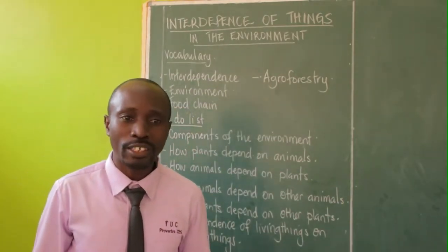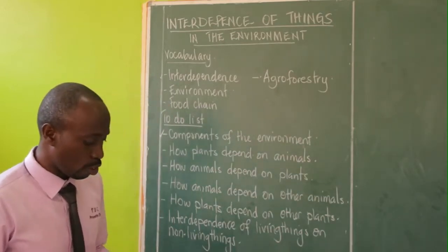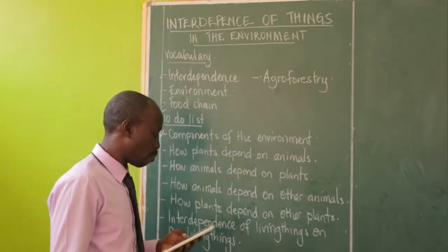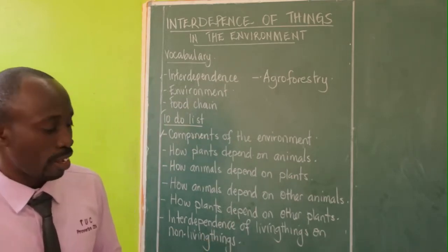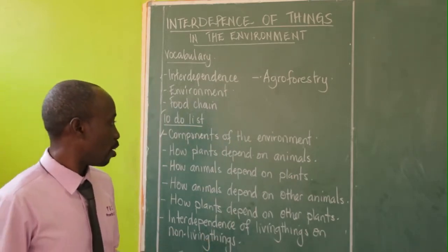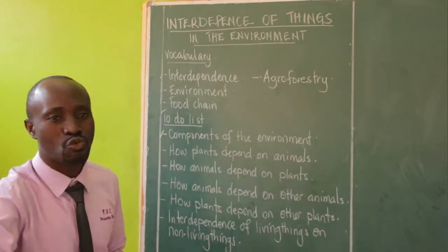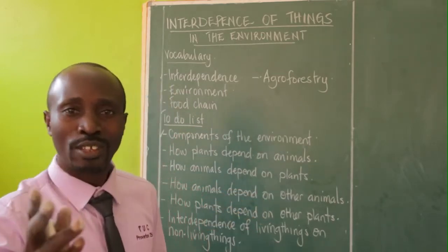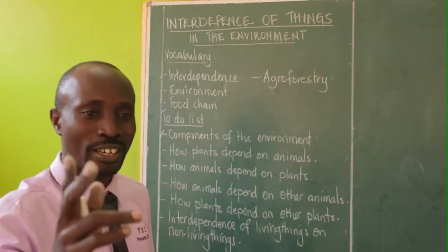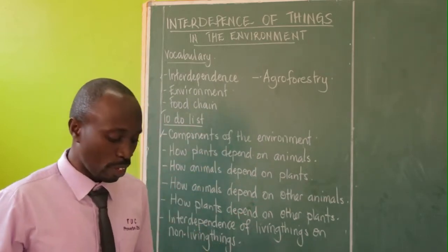Now the components are grouped into two categories. We have the living things and then the non-living things. All the things that are around you are either living things or non-living things. So those are the components of the environment.